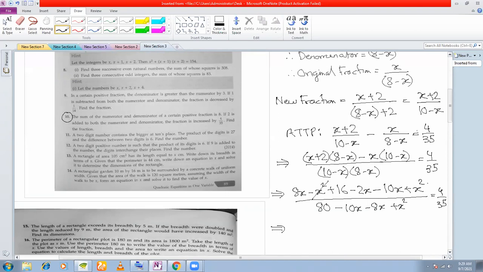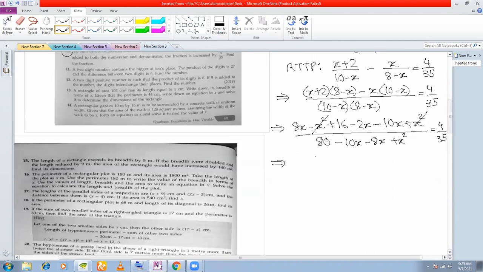So here in the numerator, minus x square and plus x square are going to cancel. We are left with 8x minus 2x minus 10x, that means 8x minus 12x, which is minus 4x, and 16 is there. Divided by, in the denominator, 80 minus 18x plus x square, is equal to 4 by 35.